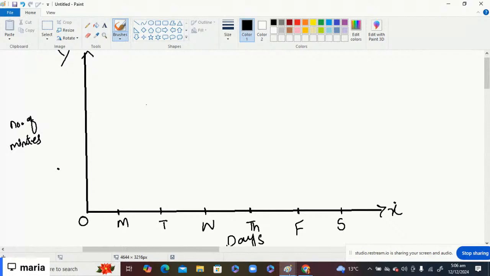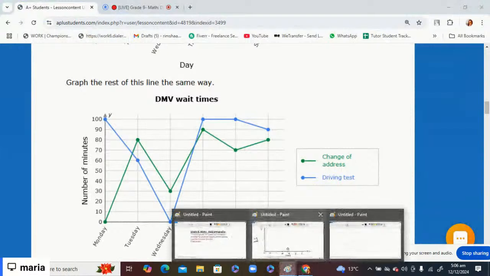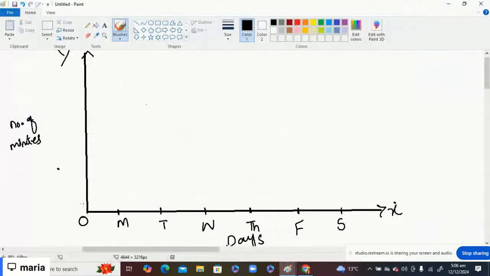The number of minutes you are going to draw on the y-axis. It's 0 to 100. Here is 0, 10, 20, 30, 40, 50, 60, 70, 80, 90, and now it's 100.